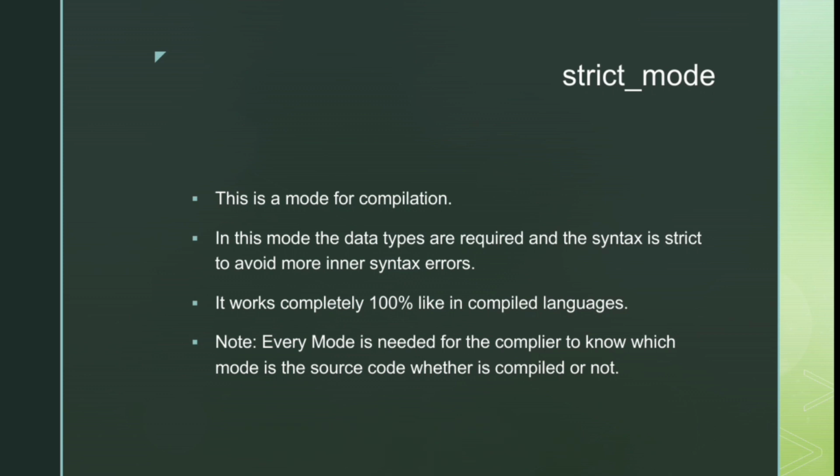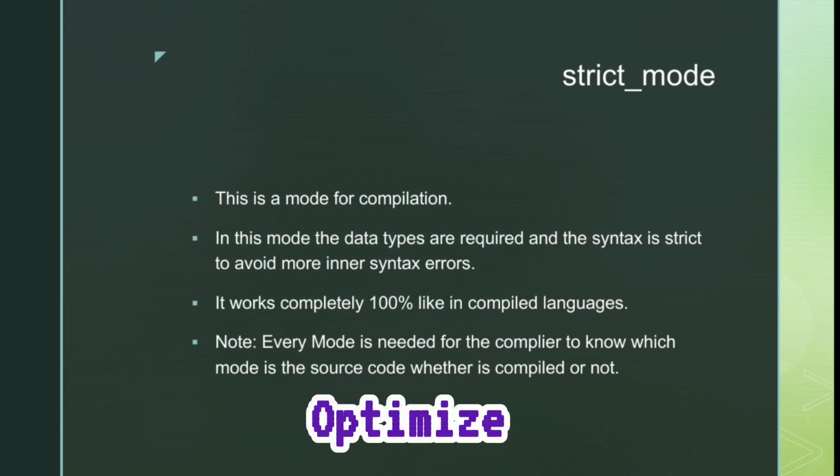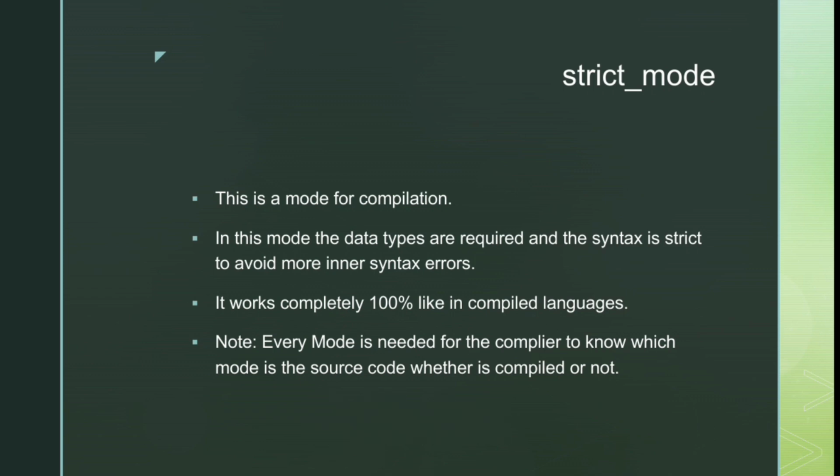In this mode the data types are required and the syntax is strict, to avoid inner syntax errors. Syntax errors or logical errors can happen in a program, so this mode can help us optimize the code and prevent syntax errors.